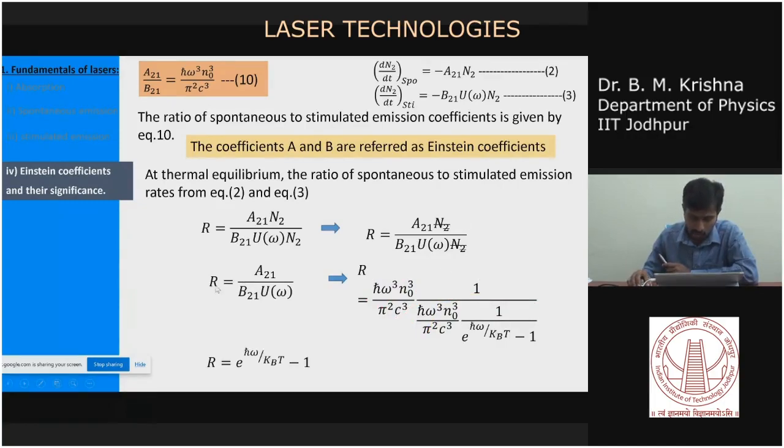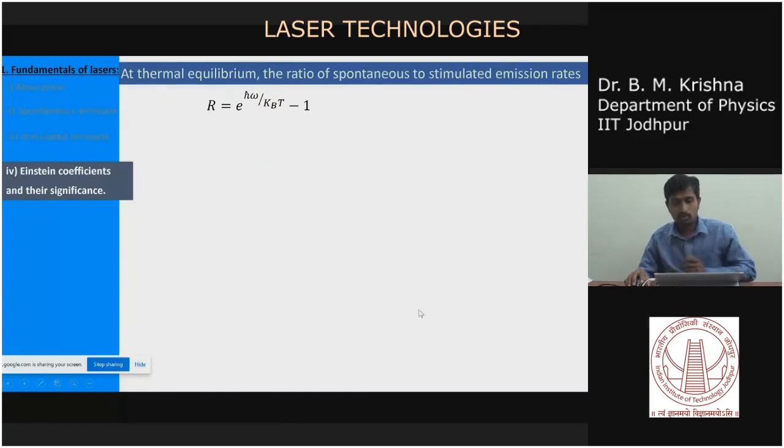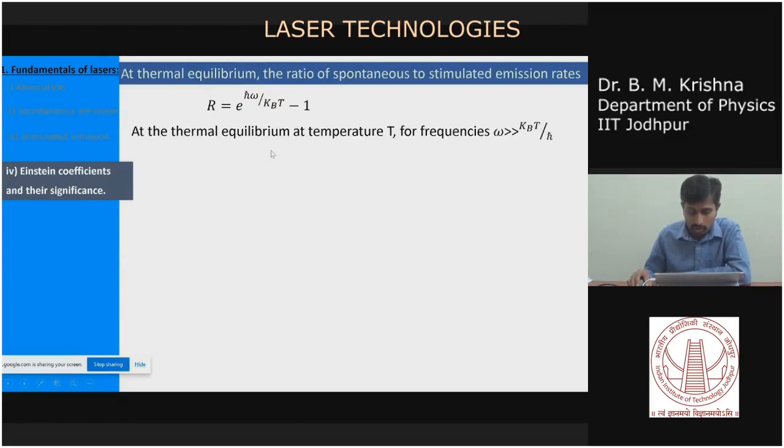So the ratio of spontaneous to stimulated emission rates equals e^(ħω/kBT) minus 1. Okay, this is at thermal equilibrium. The ratio is given by R equals e^(ħω/kBT) minus 1.